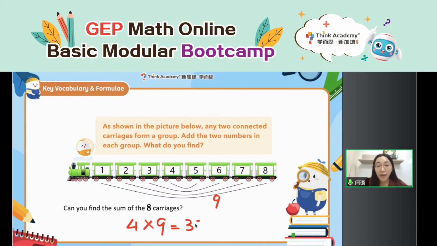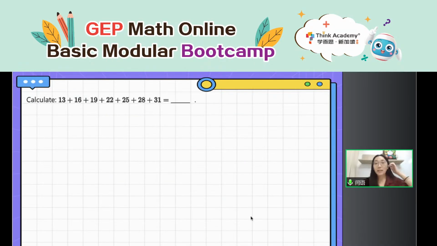So basically, we have these two different methods to figure out the sum of an arithmetic sequence. Now, everyone, it is your turn. No matter which method you choose, try to figure out the sum of 13 plus 16 plus 19 plus 22 plus 25 plus 28 plus 31. Okay, have a try. Again, I give you 30 seconds.